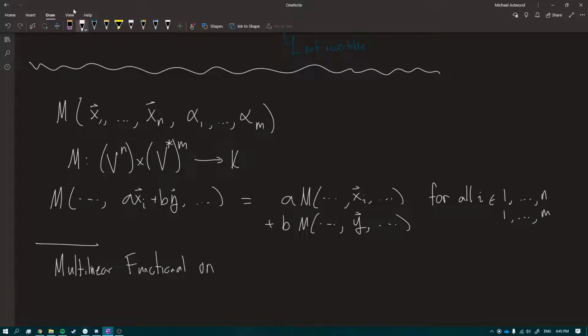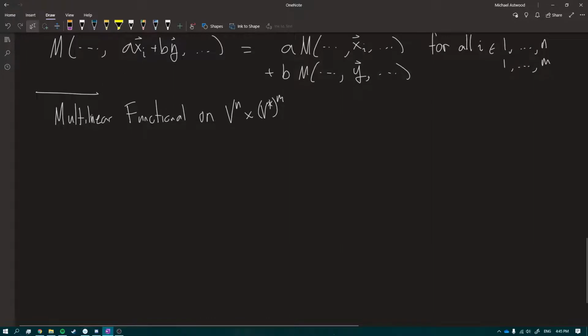And it's defined on V to the n times V star to the m. And these objects are what we really mean by tensors.